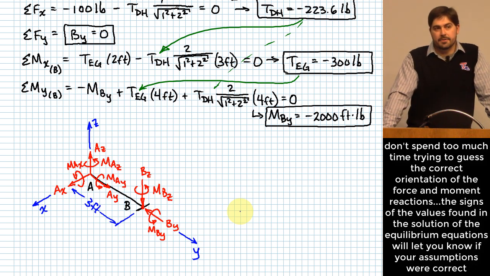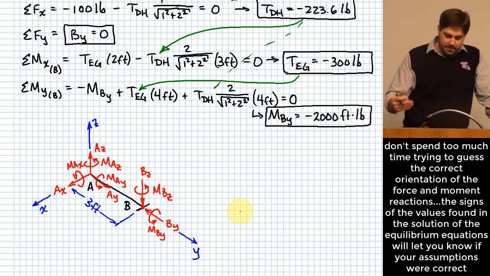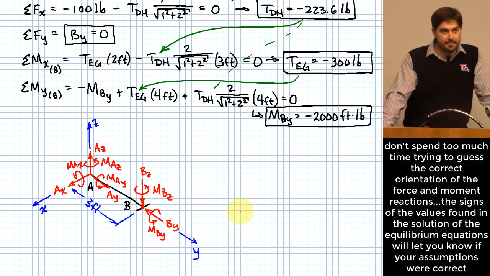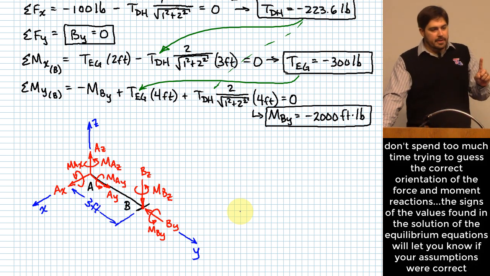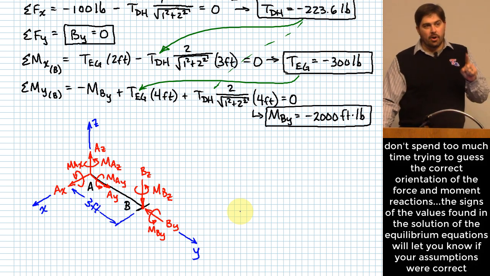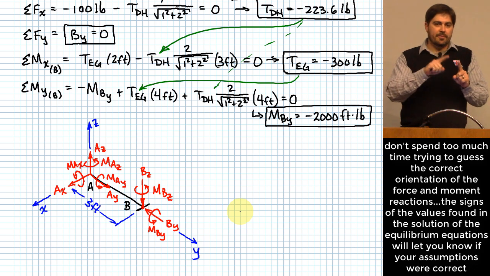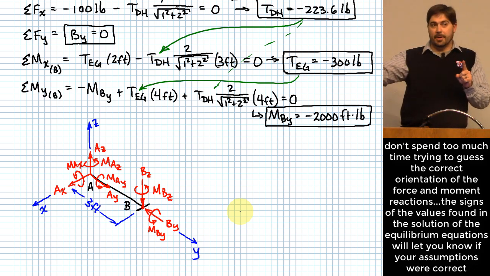The question was, when you're making your initial assumption about the direction of the moments, or forces for that matter, do you just throw something up there? The answer has a couple of folds to it. First, yes, as long as you haven't already drawn something on another free body diagram.